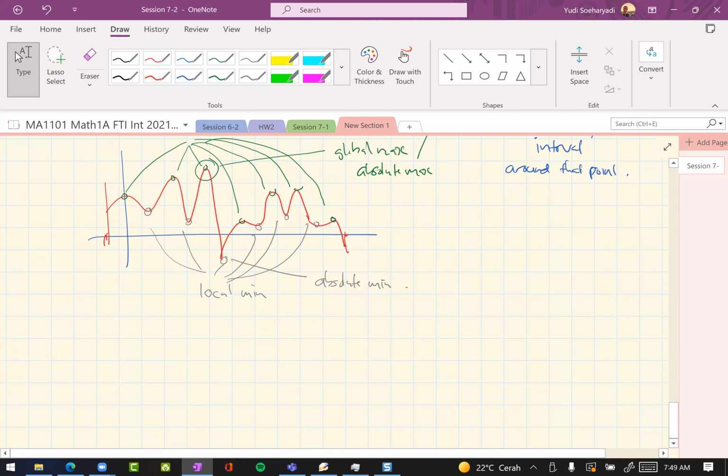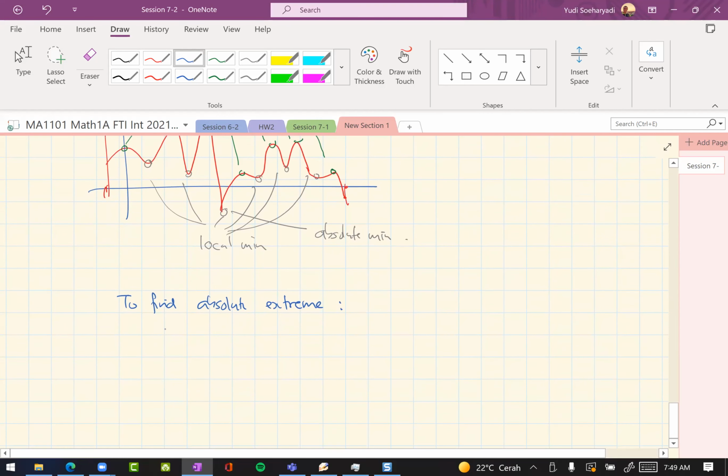Okay. So without picture, what we need to find max or min, let's go back to this one. Let's see. First, find all critical points and then compare on those critical points.